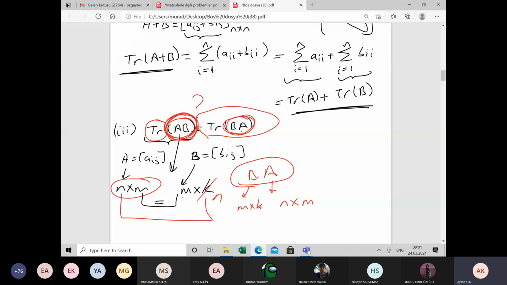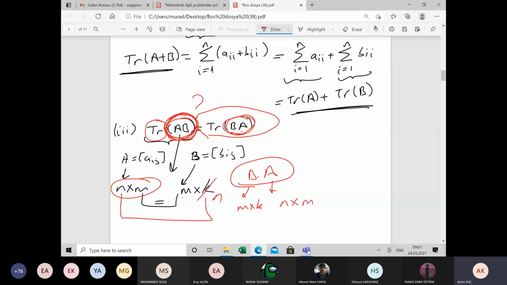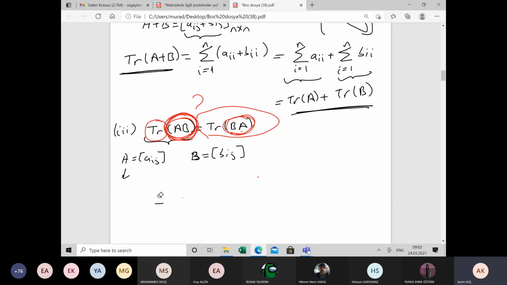Sorry, this one is equal to this one, K is N. So we can see that the dimension is the same. These are square matrices: AB is a square matrix, and also of the same dimension.